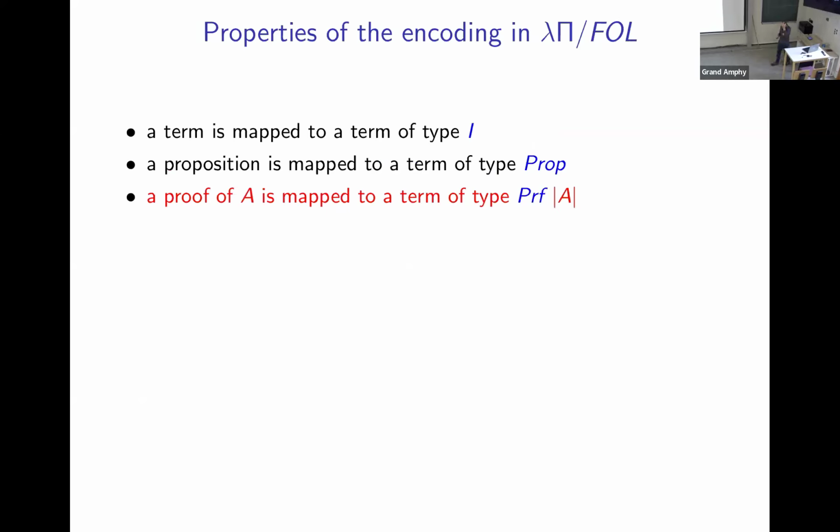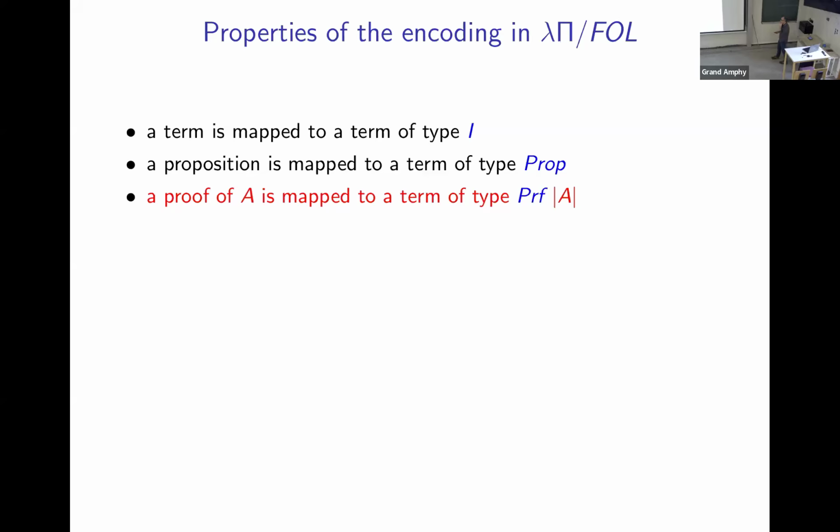Okay, so what are the properties of this encoding? Every first order logic term is mapped to a term of type big I. A proposition is mapped to a term of type prop. And the proof of a proposition A is mapped to a term of type proof of the translation.